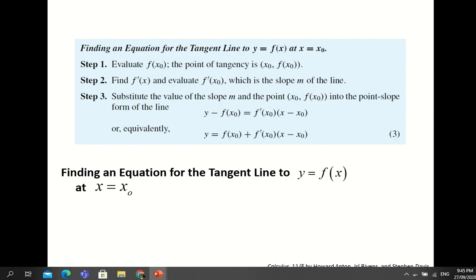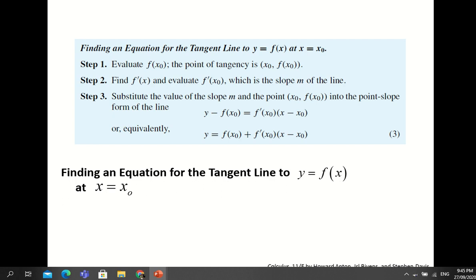Now we have here the steps in finding the equation of the tangent line to the given function y equal to f of x at x equal to x sub 0. X sub 0 here is any value. We can have x equal to 0, negative numbers, or positive numbers. So the first step is to evaluate f of x sub 0.